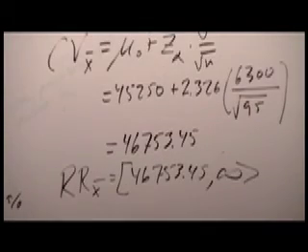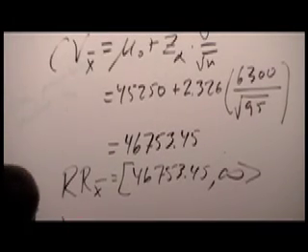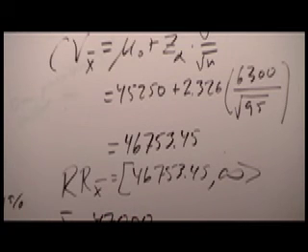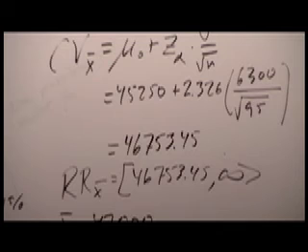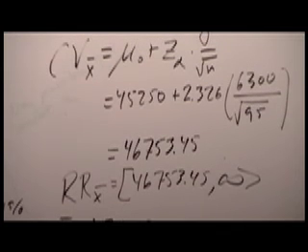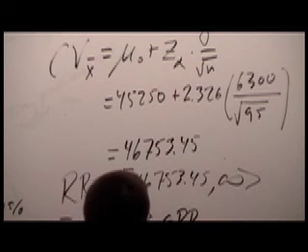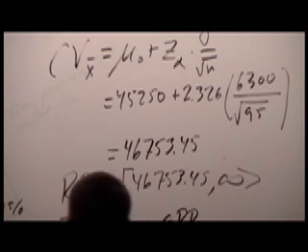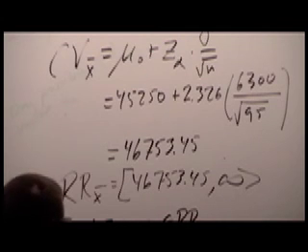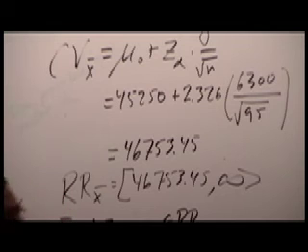We know x bar is equal to 47,000. Is that in the rejection region? Yes. Which means we reject the null hypothesis and conclude what?